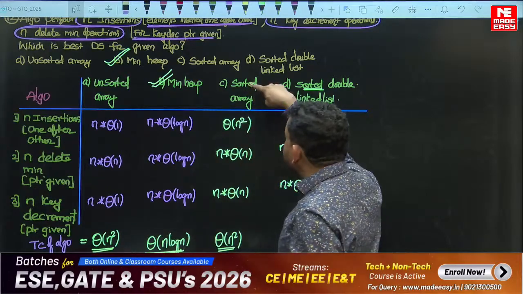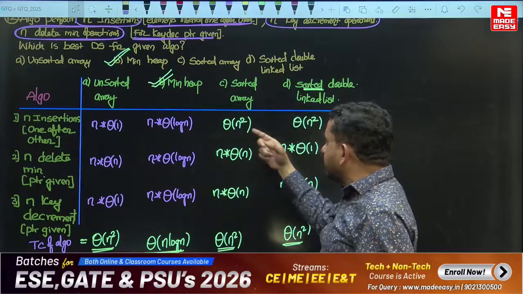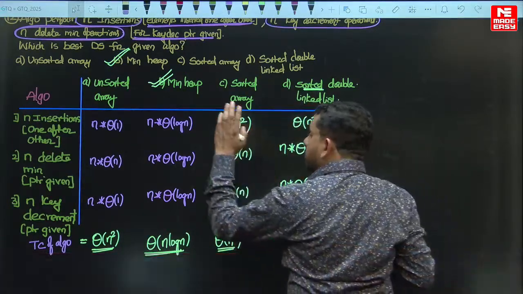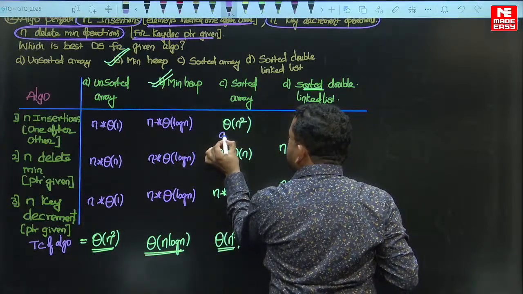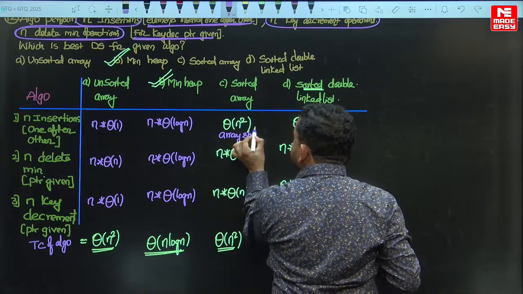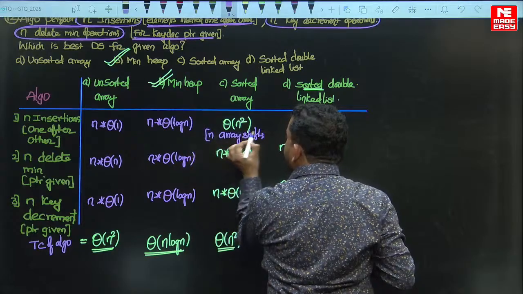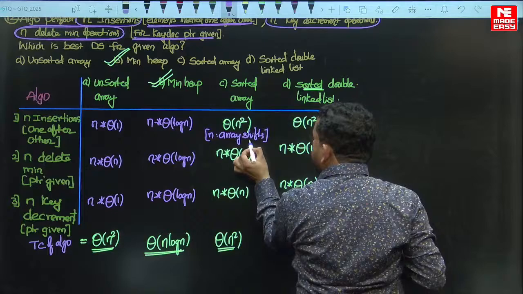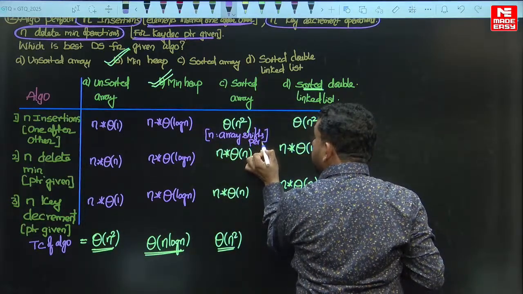For a sorted array, if you want to perform the insertion, you can find the position in order of log n time using binary search. But to insert the element in the correct position, array shifts are required. Order of n array shifts in the worst case for one insertion, so the array shifts are not reduced.